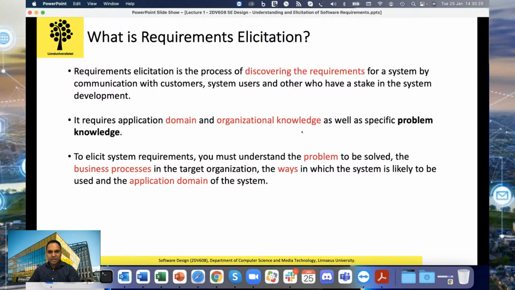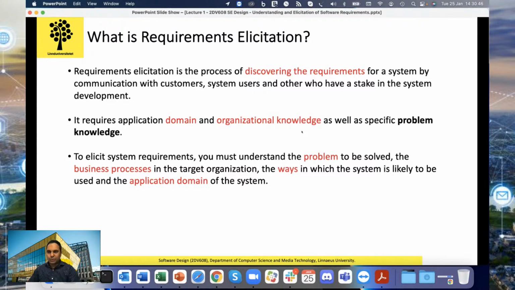The primary goal of requirements elicitation is to discover all possible requirements for a system. And this should be done in collaboration with, or in communication with, all the stakeholders, like customers, managers, system users, developers, and so on.